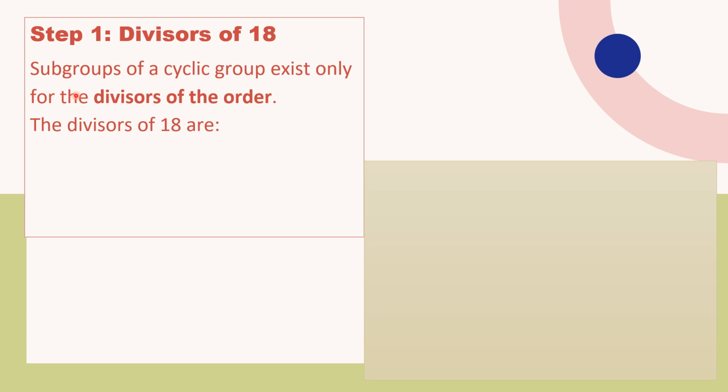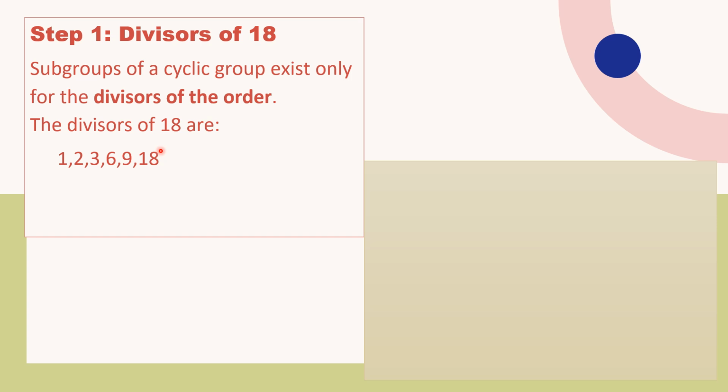That is why we need the divisors. Again, this concept comes from that theorem I already talked about. So we write the divisors of the order of the cyclic group, which is 18, and they are 1, 2, 3, 6, 9, and 18.